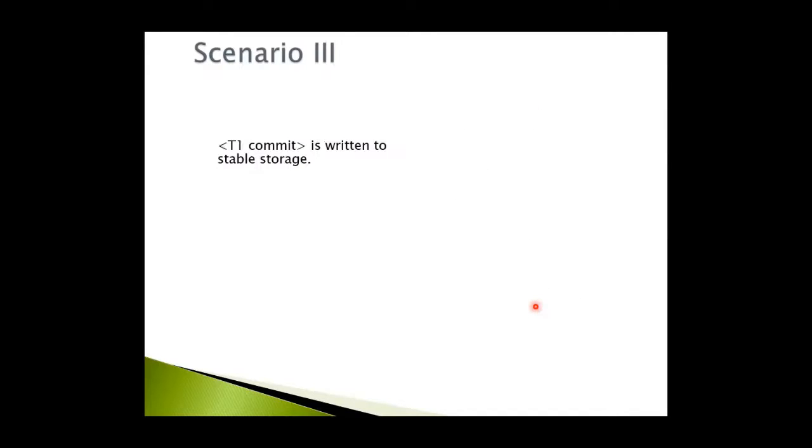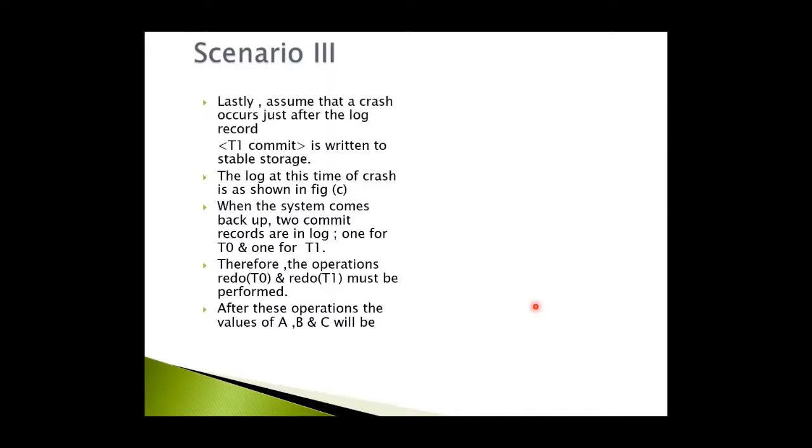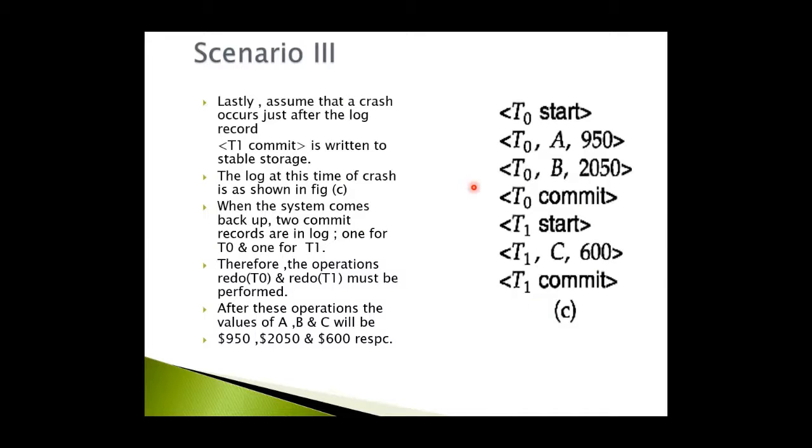Last scenario. You will find it very easy with this particular figure. Again, assume that the system has crashed just after the log record T1 commit is written to stable storage. Again, the log records will be scanned after the system comes back up. It will look at the start and commit records of both transactions.